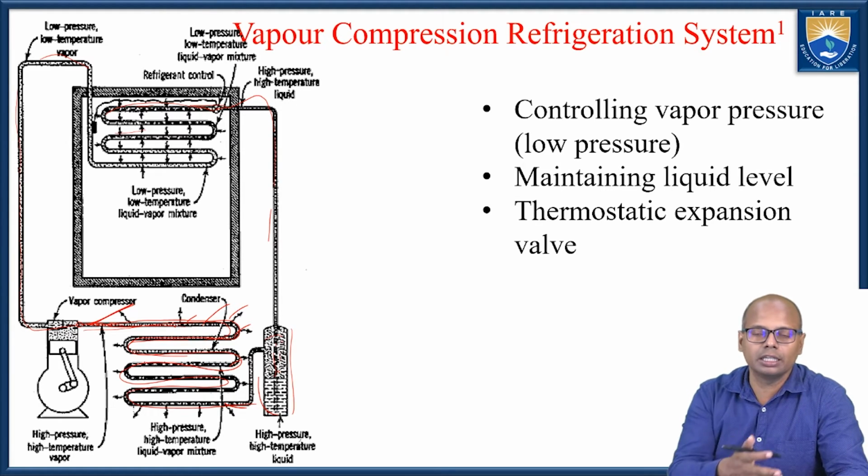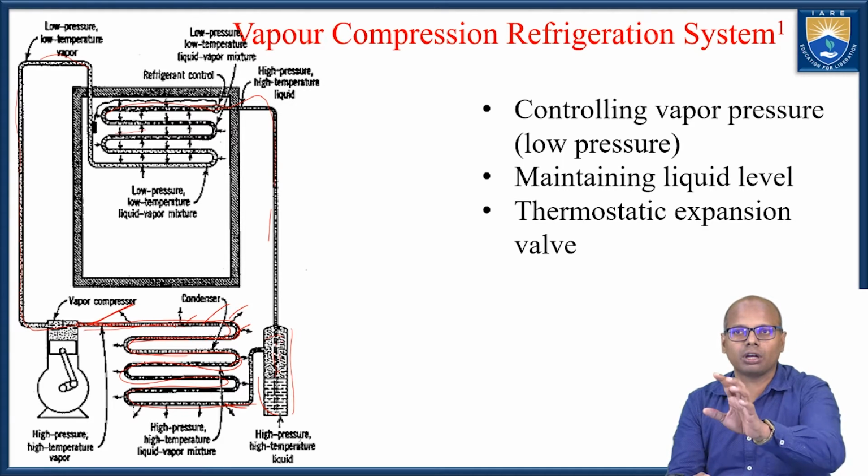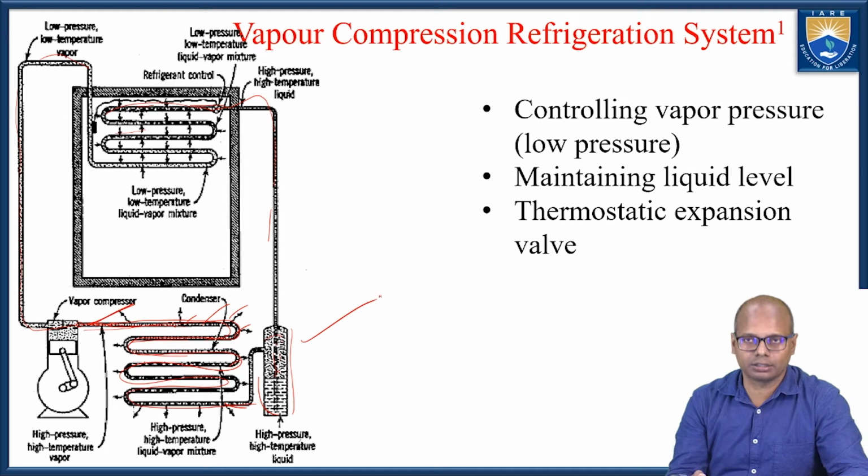Okay, so this is a cyclic process, and this cyclic process is called the vapor compression refrigeration cycle, and the system which runs on this kind of a cycle is called vapor compression refrigeration system. Okay, so here what are the things that are there?